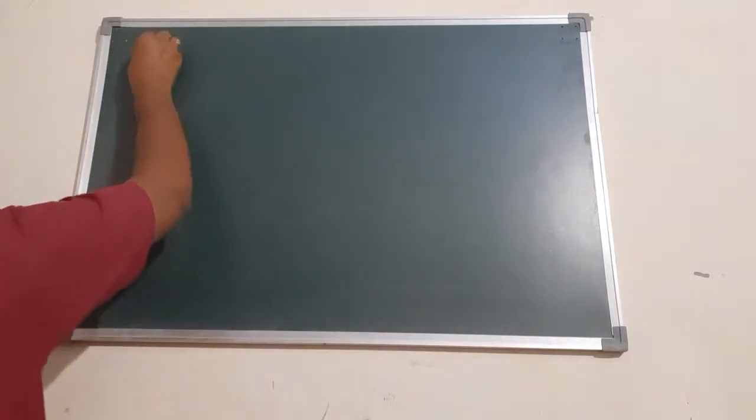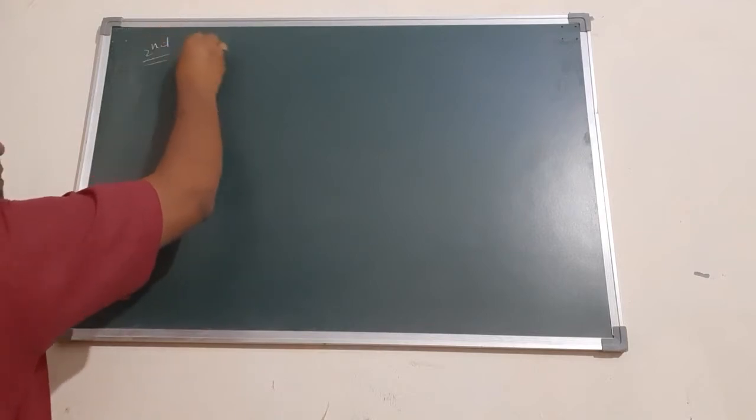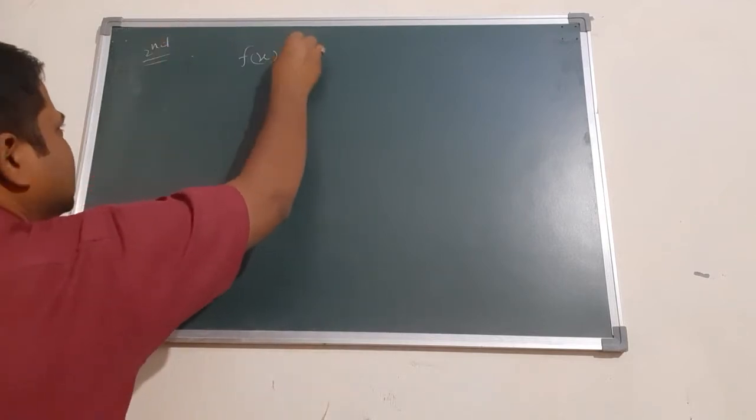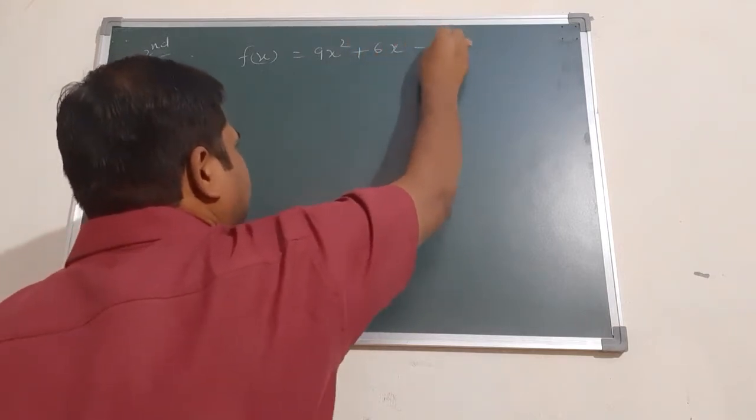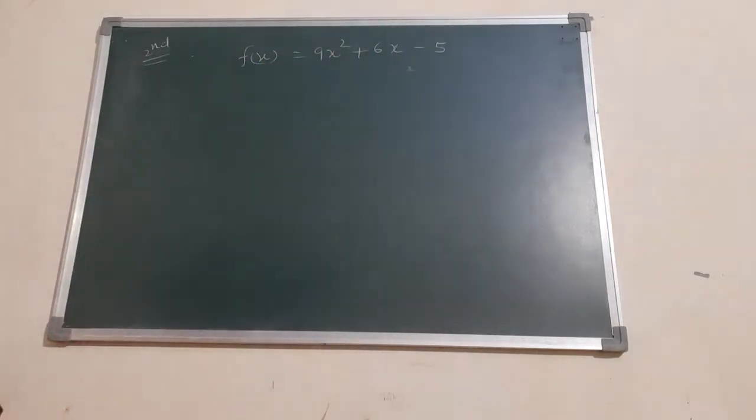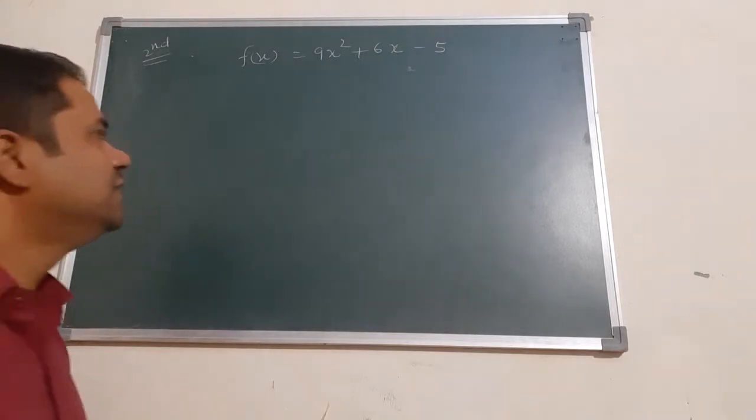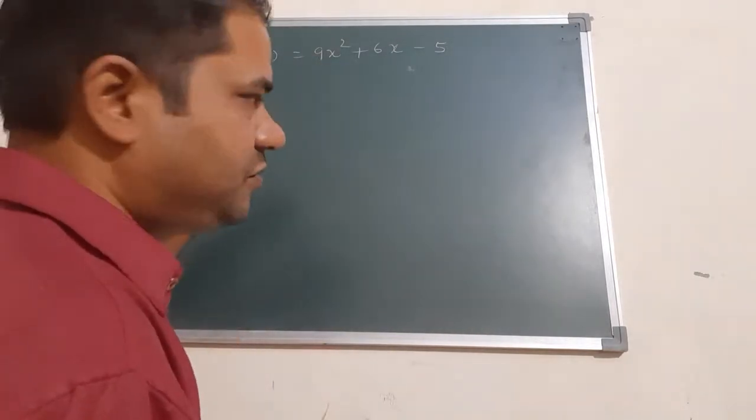Okay, so see, second method, the given function is f of x equals 9x square plus 6x minus 5. Okay, this is the function. We have to show this is an invertible function.